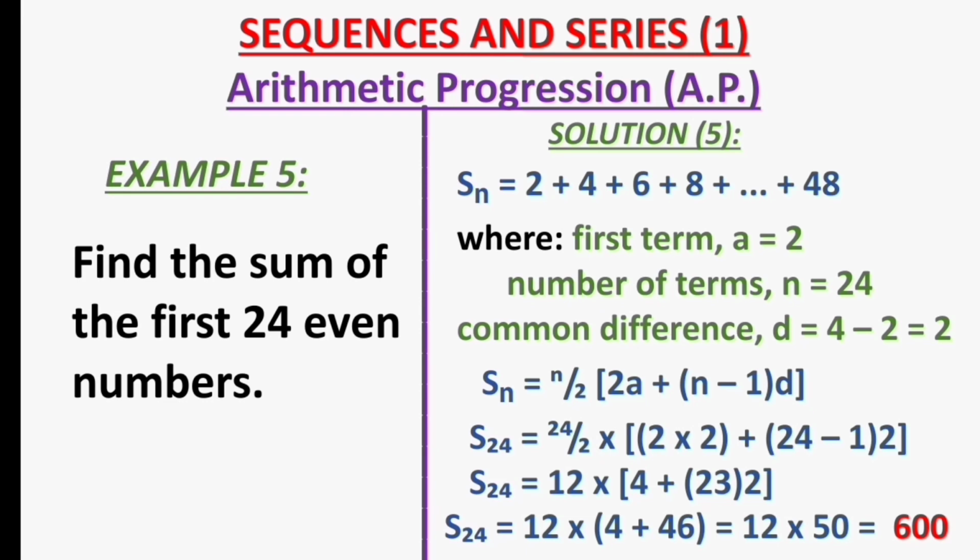This will give us S subscript 24 is equal to 12 times (4 plus 23 times 2). This will give us S subscript 24 is equal to 12 times (4 plus 46), which will give us 12 times 50. Once again, the sum of the first 24 even numbers is 600. I hope you got that right again.